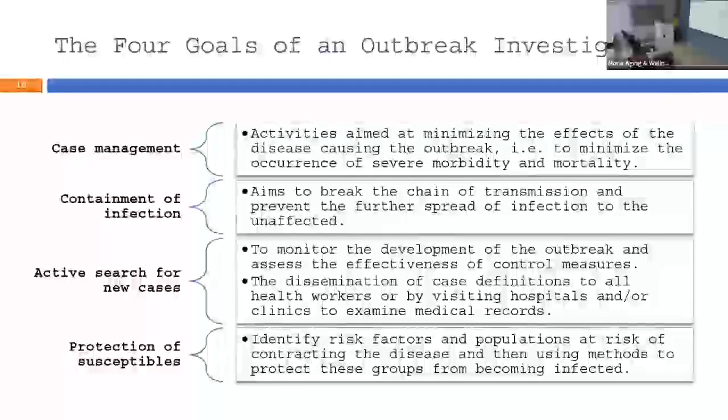To monitor the epidemic, we have to look for any new case and to disseminate case definition so that people know what would constitute an actual case. And we protect persons who are susceptible. So we try to find out who is this illness affecting the most. If it is the elderly, then we have to do elderly shielding.